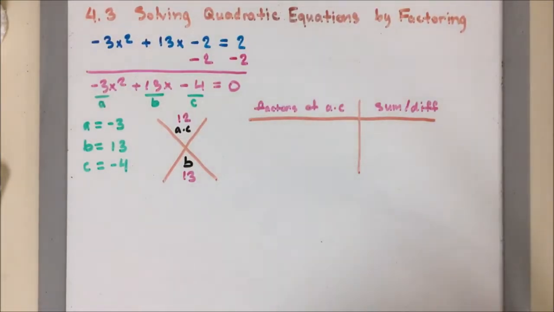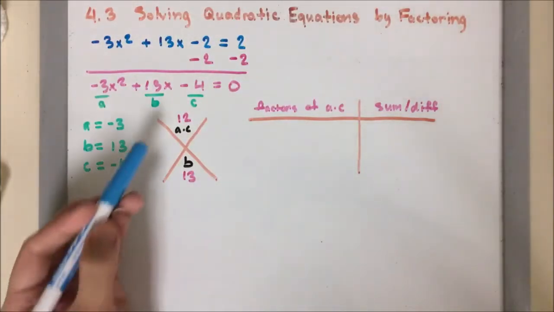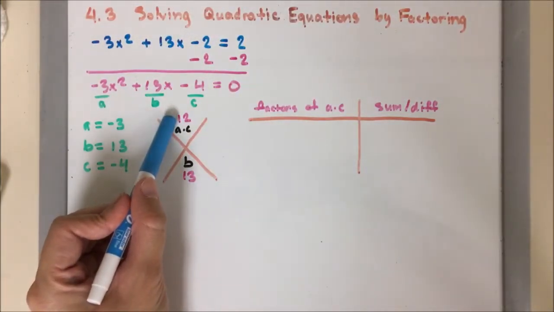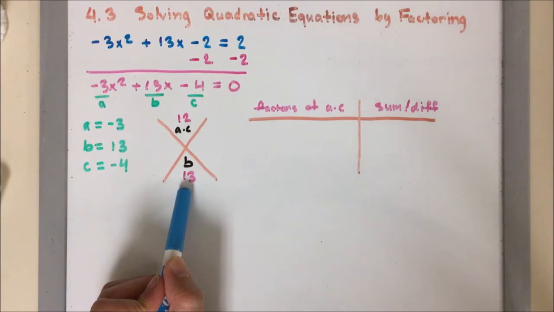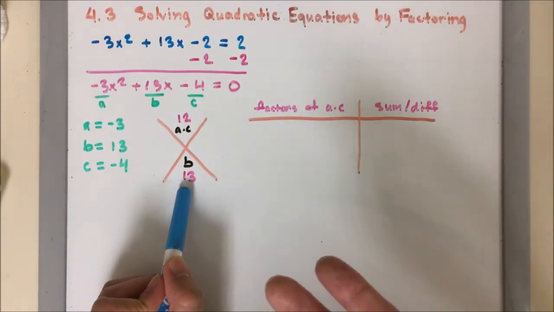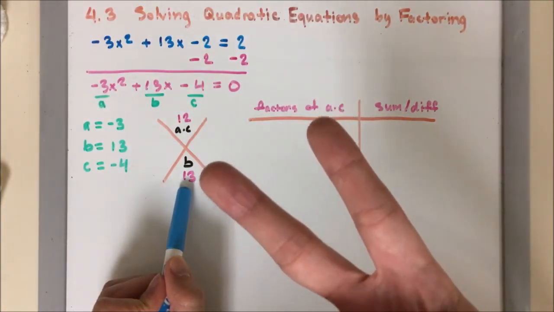Alright, now when we're looking for factors of positive 12, just keep in mind that if A times C is positive and your B value is positive, then the two factors have to be both positive.